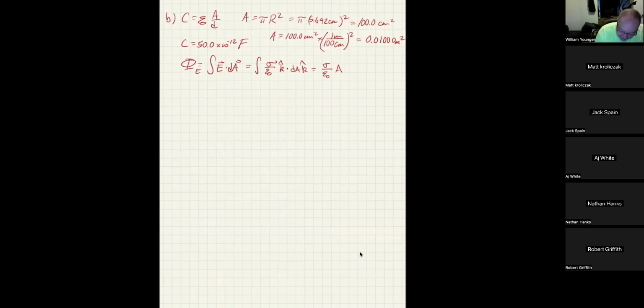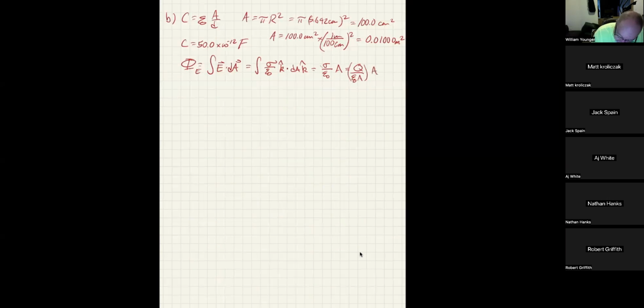So if I want to calculate the change in the electric field or the change in flux, I need to use that. Now, what we also can realize is that sigma is charge per unit area. So I can write this as Q over epsilon naught times A, which is the electric field, and then that times A is the flux.